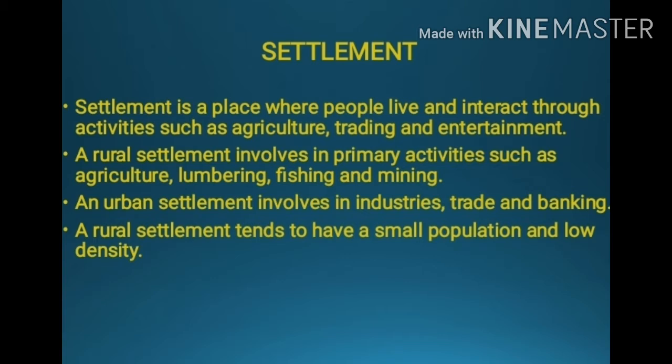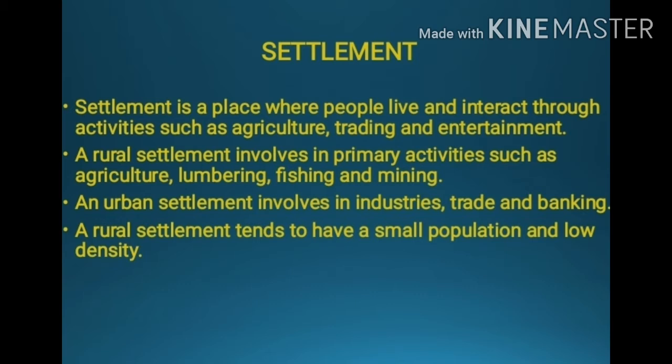A rural settlement is involved in primary activities such as agriculture, lumbering, fishing, and mining. An urban settlement is involved in industries, trade, and banking.